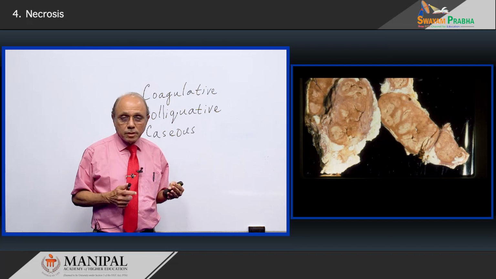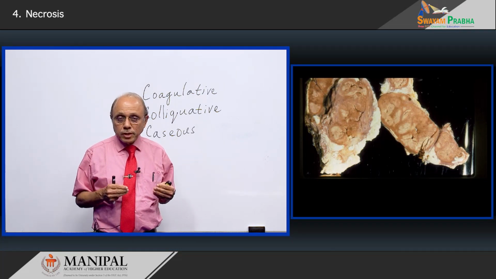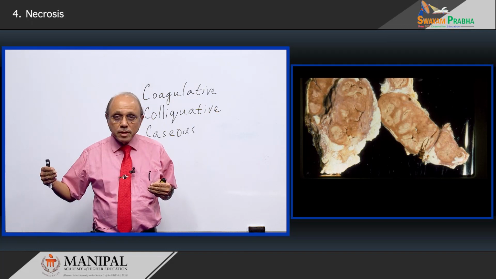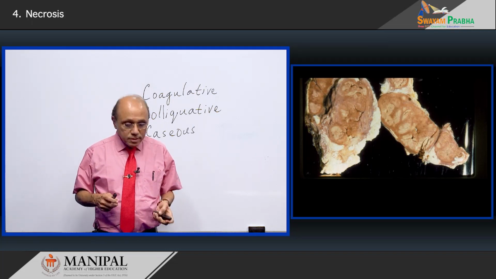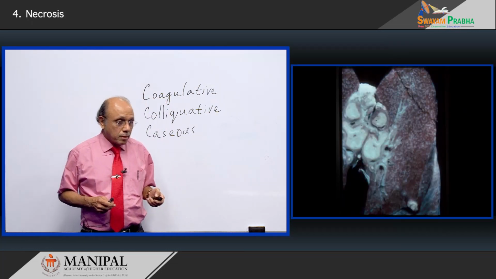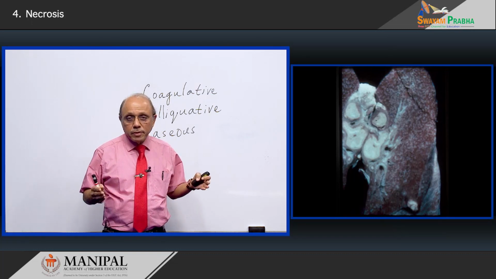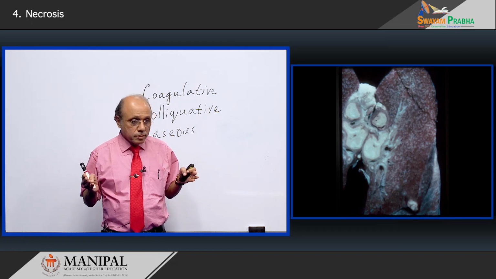So caseous necrosis, or caseating necrosis, refers to necrosis which has a resemblance to cheese. This type of necrosis, as you can see here, is typically seen whenever tuberculosis causes destruction.